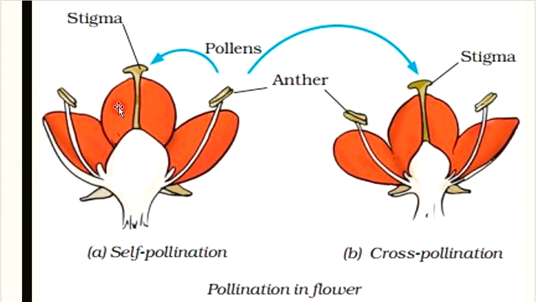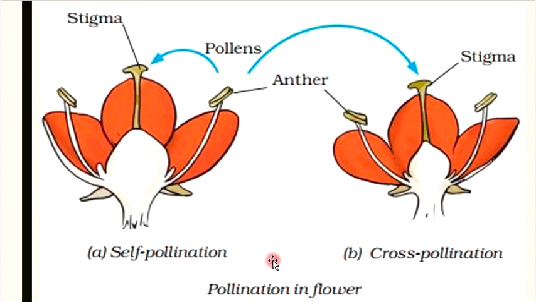So the pollen grains may get transferred from the anther of the same flower over the stigma, or pollen grains from the anther of one flower may go over the stigma of another flower. This is called cross pollination, and the agents are wind, insects, birds, etc. So it is either self-pollination or cross-pollination.